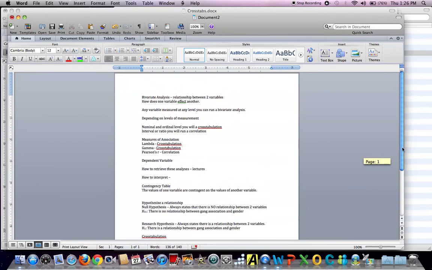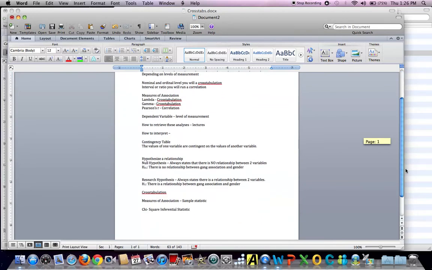If you recall, just a few minutes ago I told you that you would typically look at the measure of association that follows the dependent variable. Whatever level of measurement the dependent variable is, that's the measure of association that you will use.